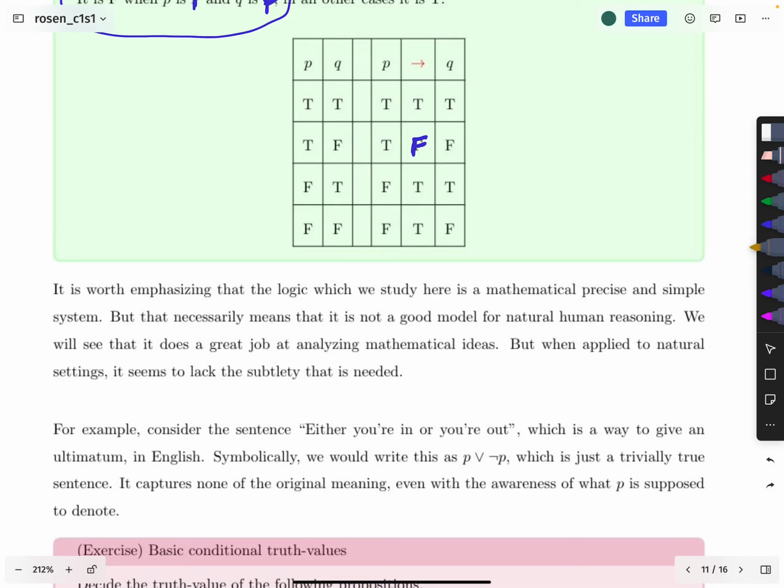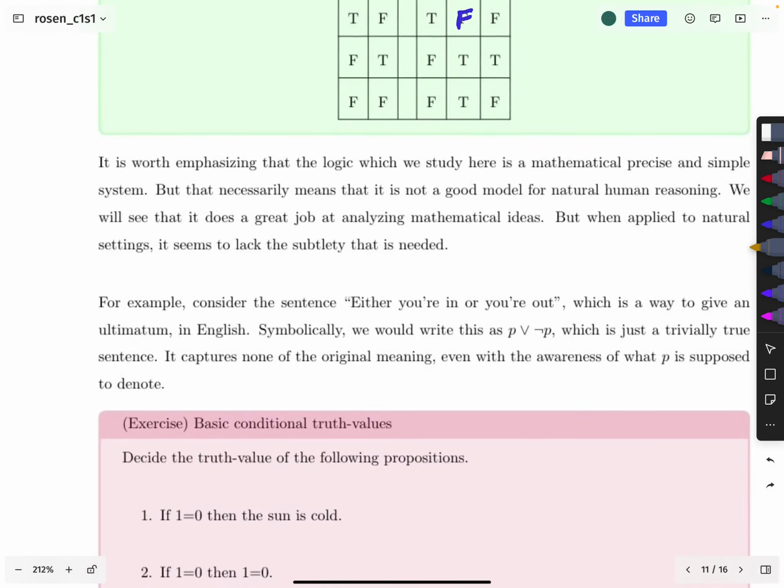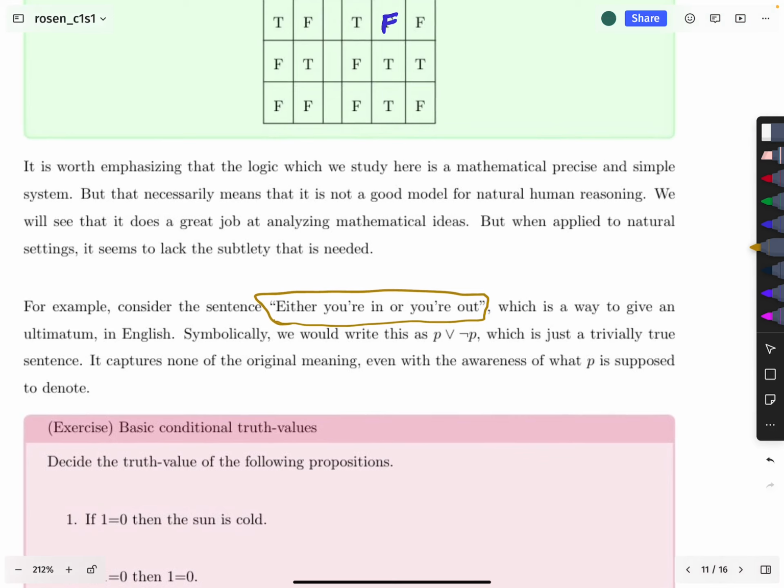Well, there's a lot of English language that just doesn't work that way. One way to see this is to think about the sentence, either you're in or you're out. We know that what that means is more like an ultimatum or even a threat, but it doesn't communicate nothing.